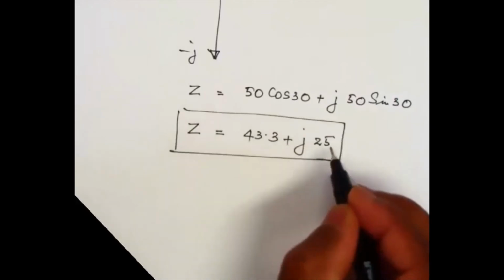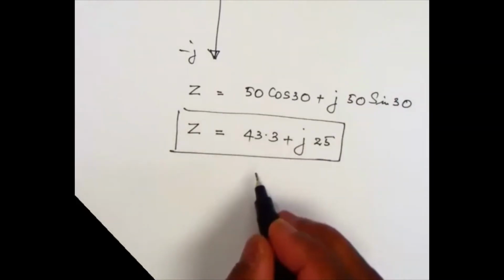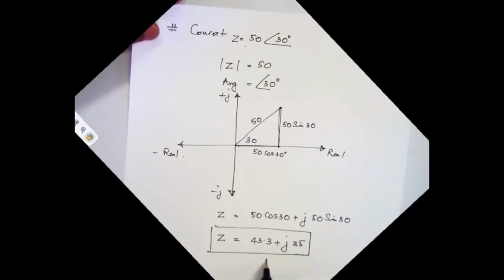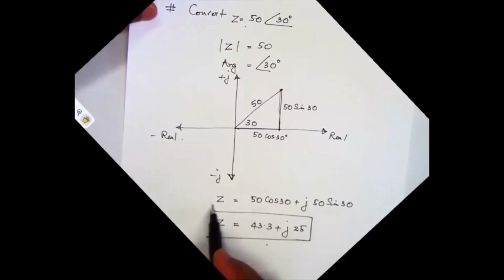When you convert it from polar form, that's the polar form, that's the rectangular form. Of course, we go through this intermediate step of trigonometric form to arrive at this.